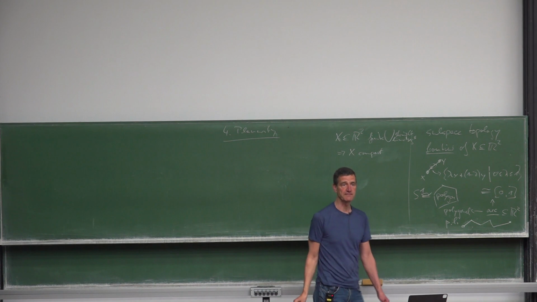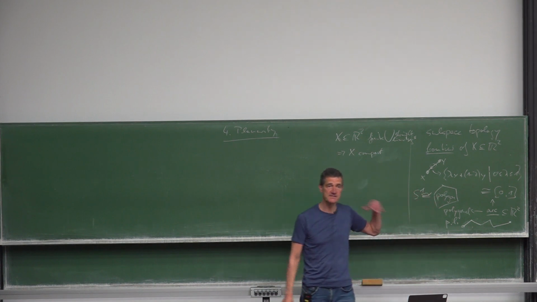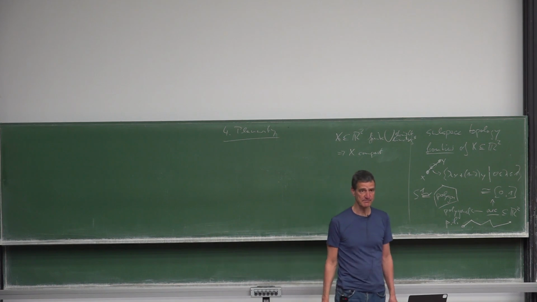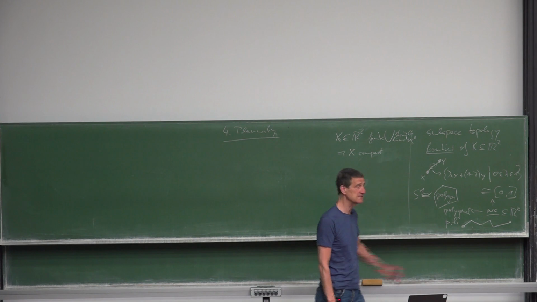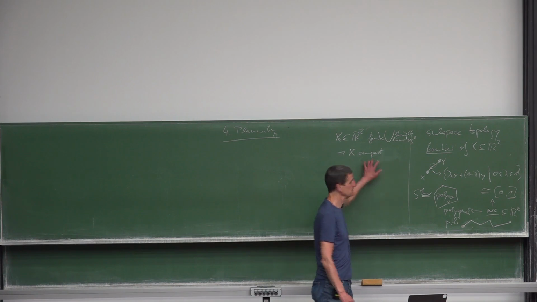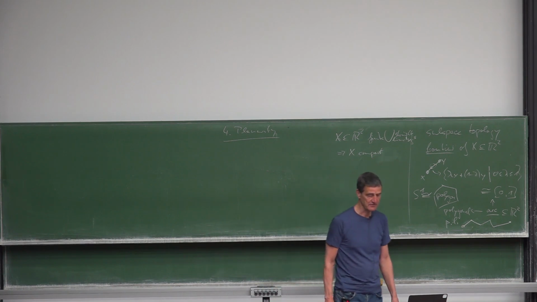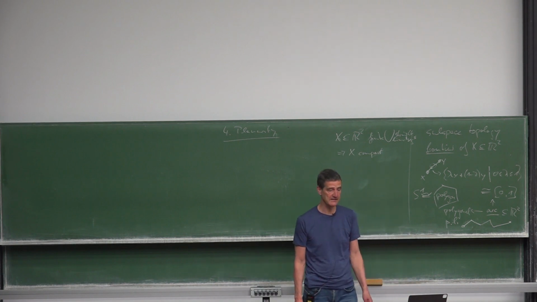So you ought to know the definition of compact. For subsets of the plane, it happens to be the same as closed and bounded. That's not the definition. It's true for these particular sets. You need to know both. The fact that they're the closed and bounded subsets of the plane, but you also need to know the definition of compact, namely that for every open cover you can select a finite subcover.